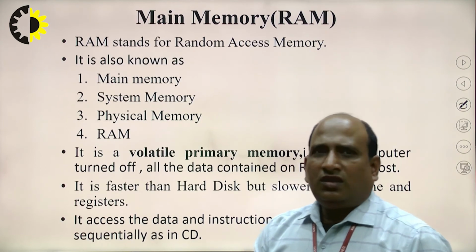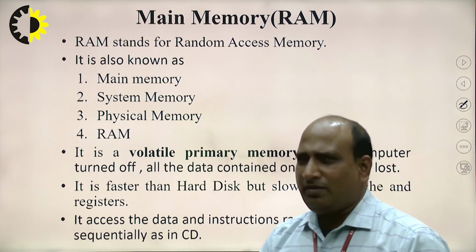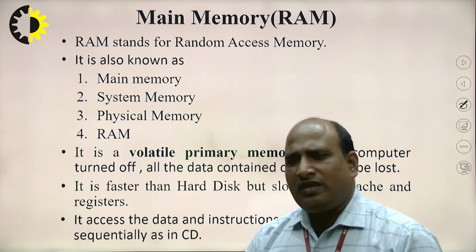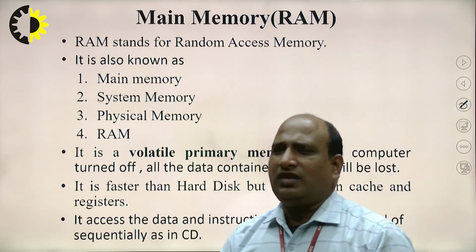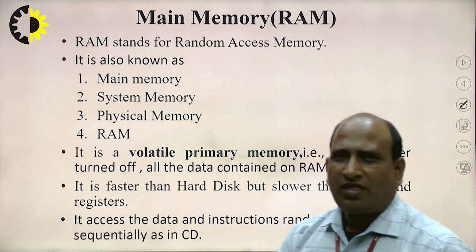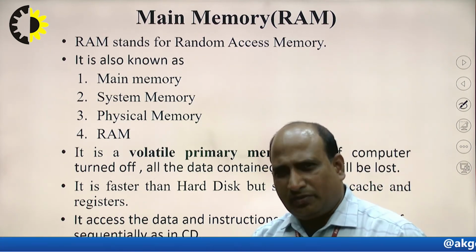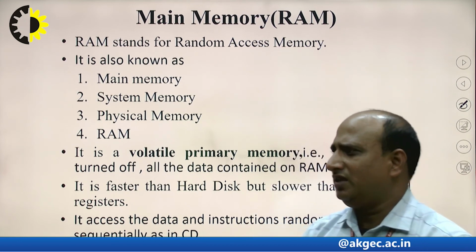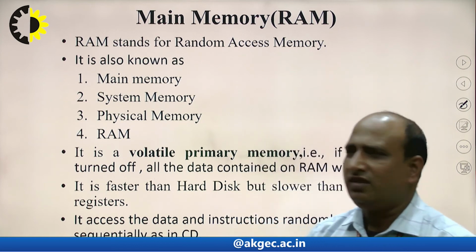Now main memory is also called RAM, random access memory. As the name suggests, the data may be randomly accessed from anywhere. It is not sequential like magnetic tape, where the data is accessed sequentially. The information stored in the RAM may be accessed randomly from anywhere.